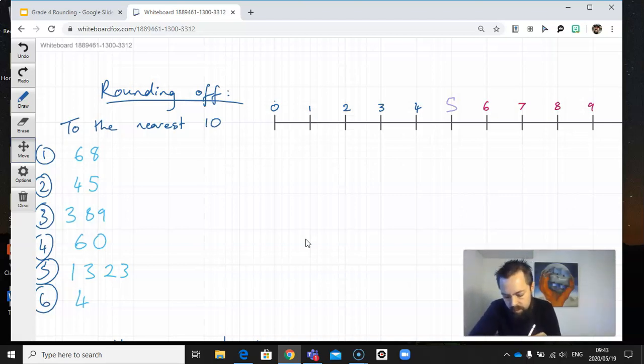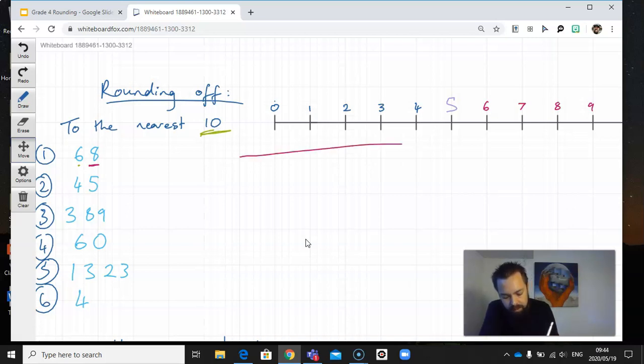And what we've got to decide, first of all, because we're rounding off to the nearest 10, we're going to look at the tens. Then we look to the number on the right and ask ourselves, is that number closer to the next 10? So is it 5 or more, or is it less?